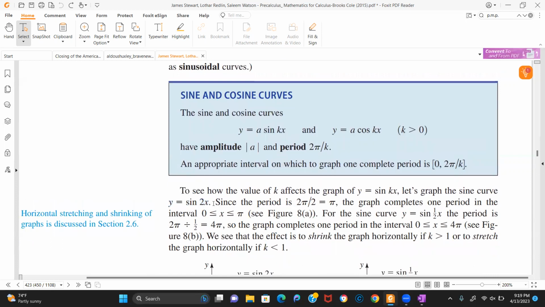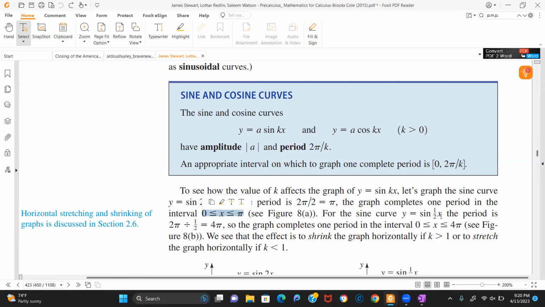So we have this function 2x. The fact that you're multiplying by the 2 is going to change the period. What does it change it to? Well, you take this value of 2 and divide it into 2 pi. So 2 pi divided by 2 is just pi. So it's going to repeat every pi units. As it says, the graph completes one period in the interval from 0 to pi.